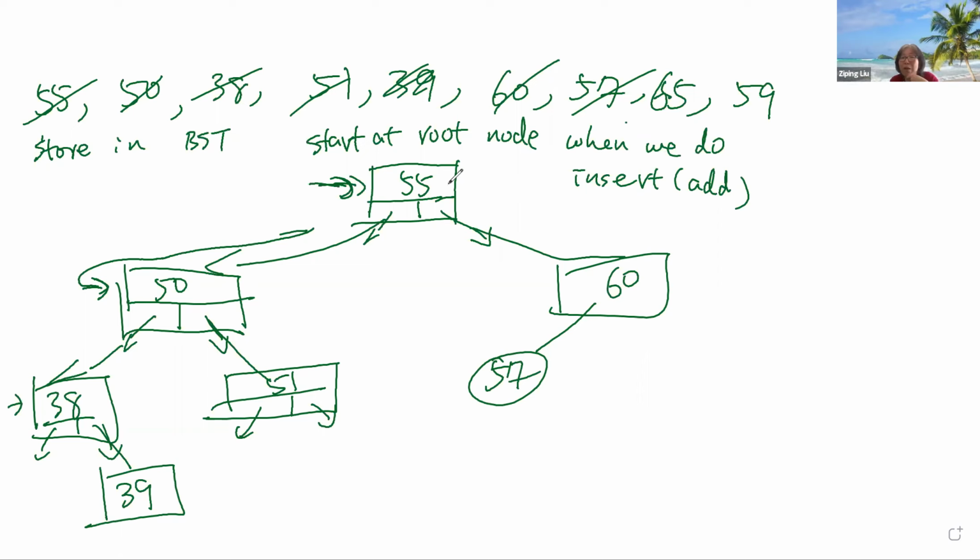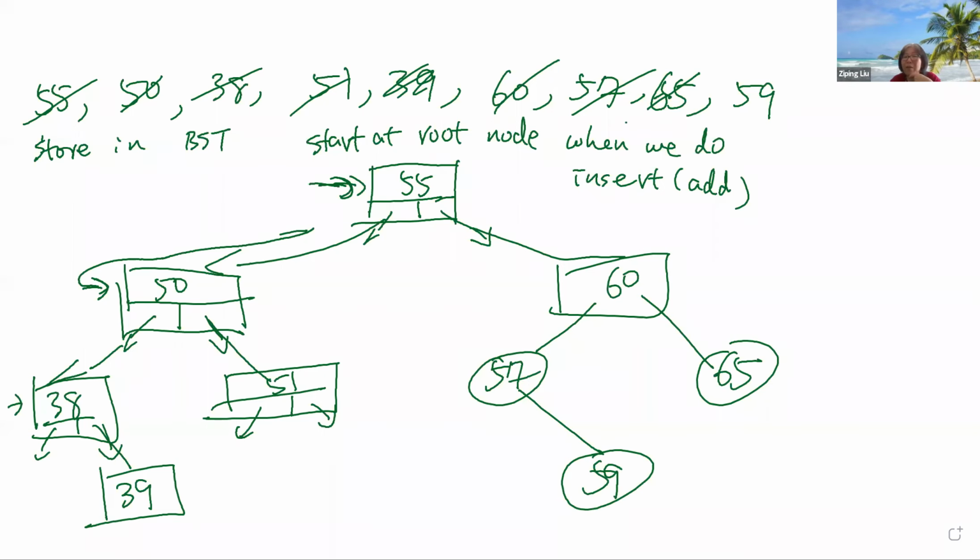From 55, go to right. It's greater than 60, so it's its right. Yeah, 65. And then 59, start at 55. Go to right. It's less than 60, and compared with 50, it's greater. So it's 59. So you get the tree built up.